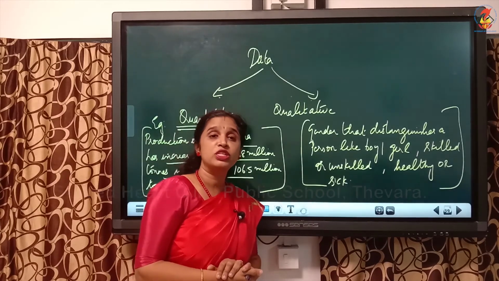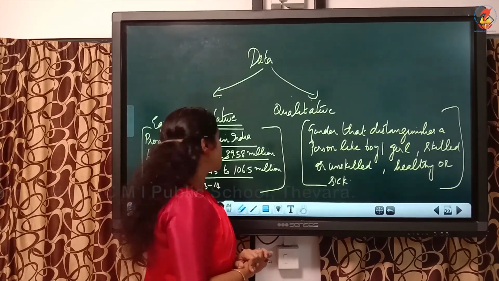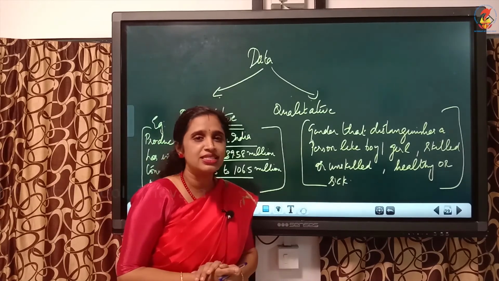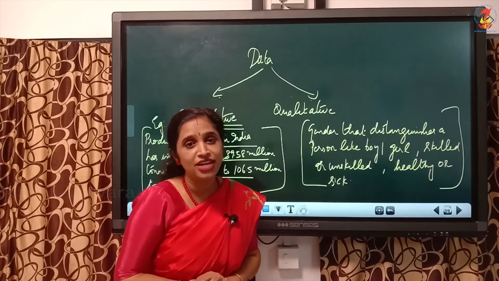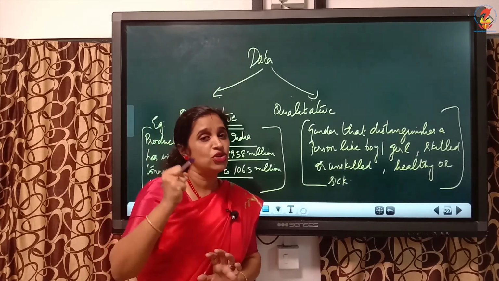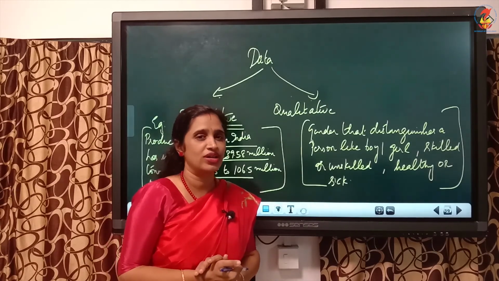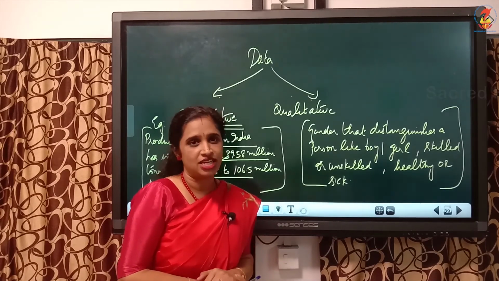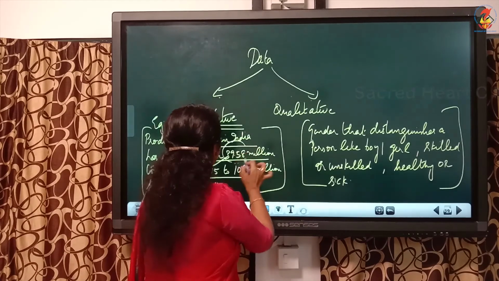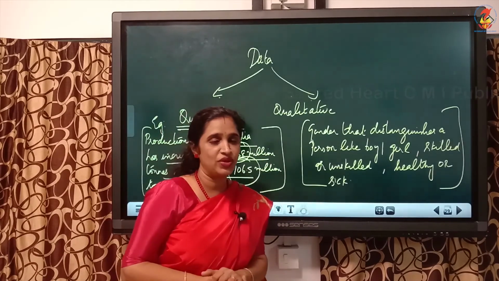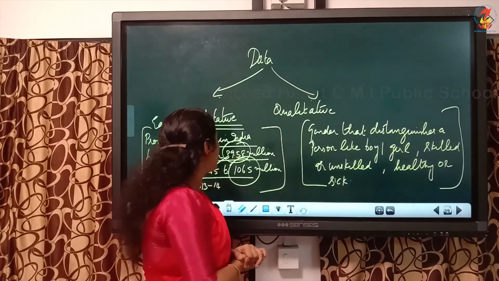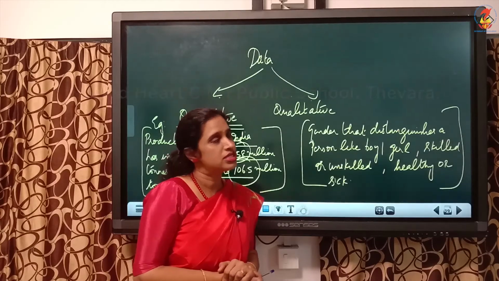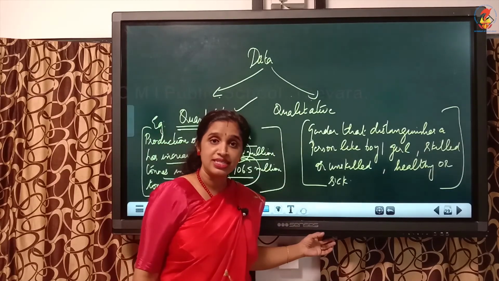What you should understand from this is that production of food grains has increased from the past year to 2013-14. So that is statistical data. We know whether the production of food grains has increased or decreased. It is given in numbers, therefore it is known as quantitative data. From 39.58 to 106.5, we can find the difference by subtracting 39.58 million from 106.5 million. It is given in numbers, therefore it can be termed quantitative data.